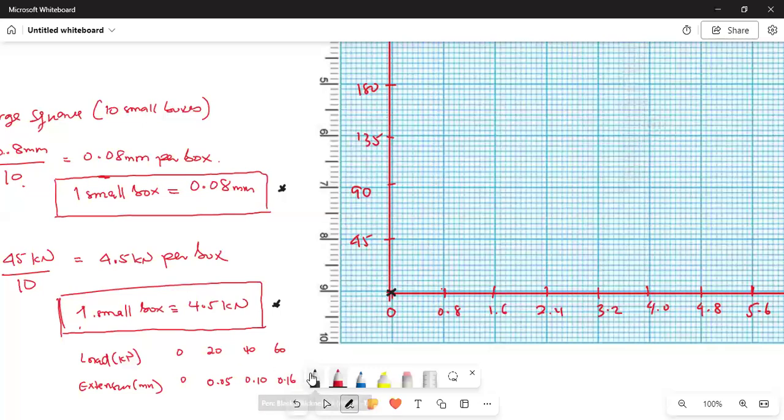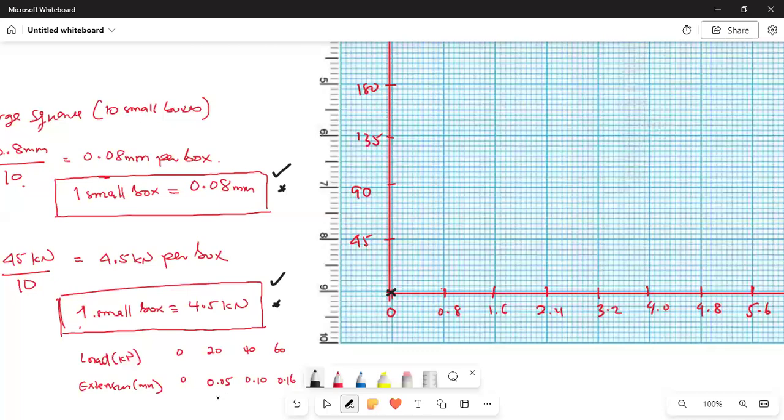Okay. So the first point, load is 0, extension is 0. The second point, extension is 0.05, and load is 20. So if I am plotting the extension, every value I take, I'll divide it by 0.08. If I pick any load value, I'll divide it by this one.